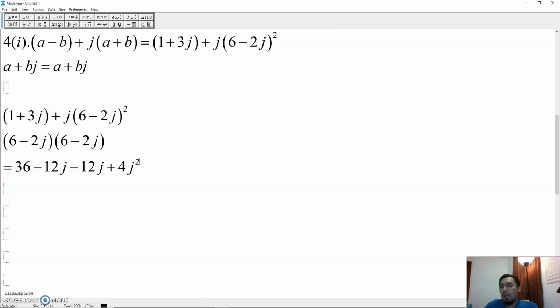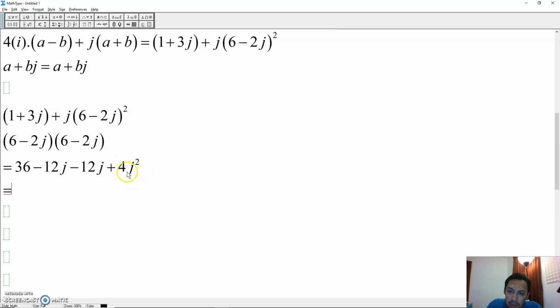Now let's simplify this equation. These two can be added together, so we get negative 24j, 12j and 12j. As for this one, remember that j squared is equal to negative 1.